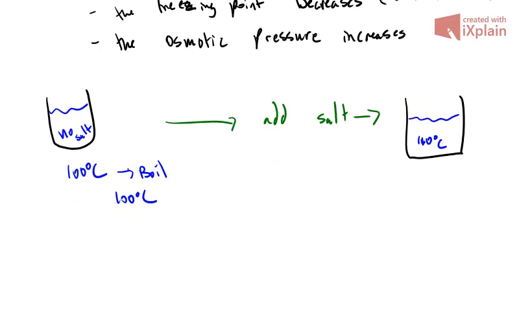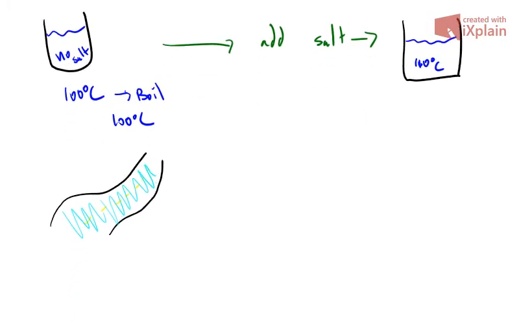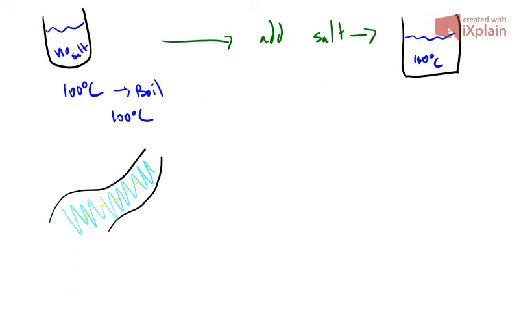The freezing point: we have the road, and there's ice on it. Maybe that ice is at negative 10 degrees Celsius, and it is just water.